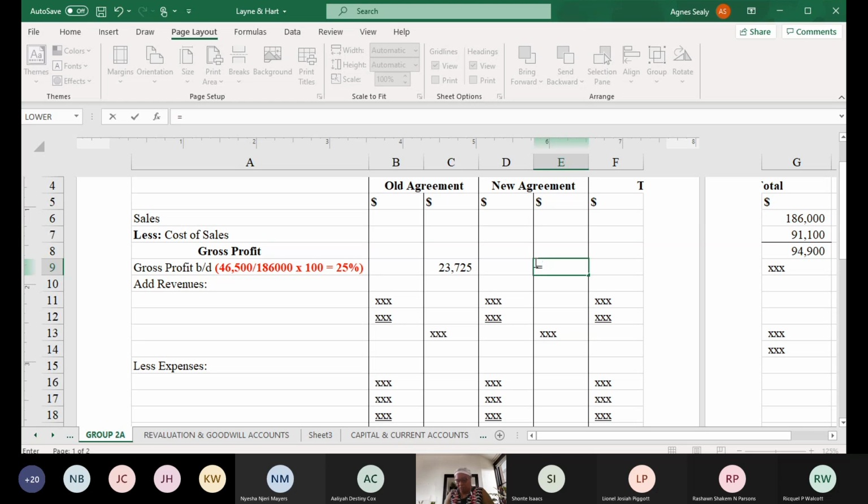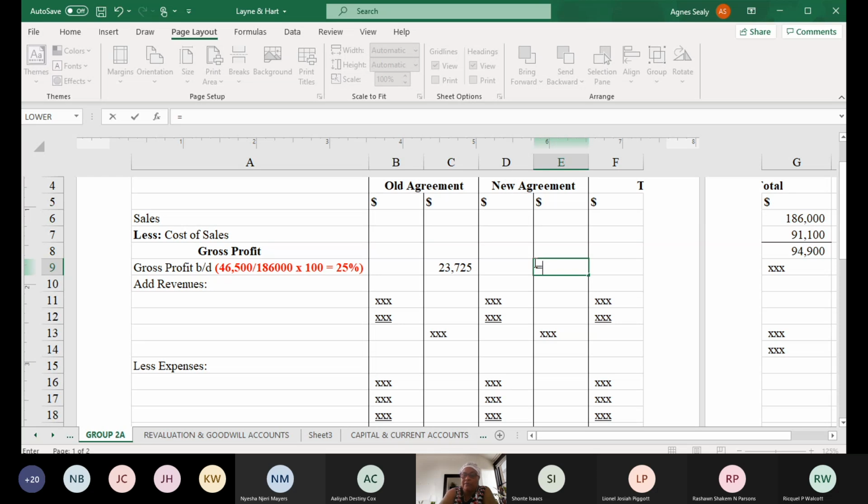She got 68,325. This is where you would have gone wrong, Anisha, because you were subtracting the same gross profit you just calculated from the sales and coming back with your cost of goods sold.